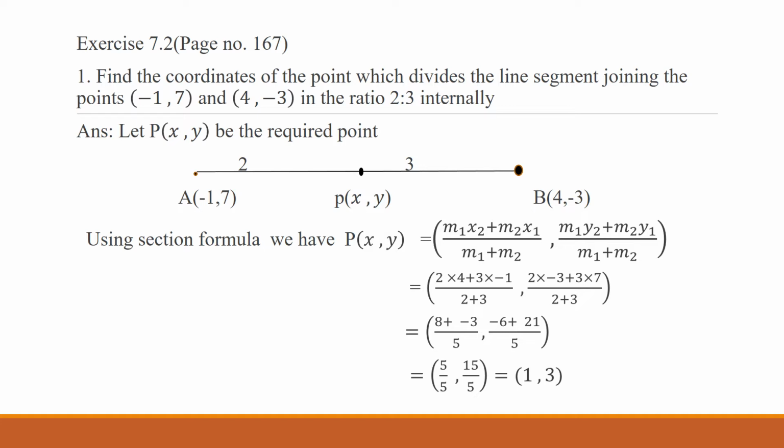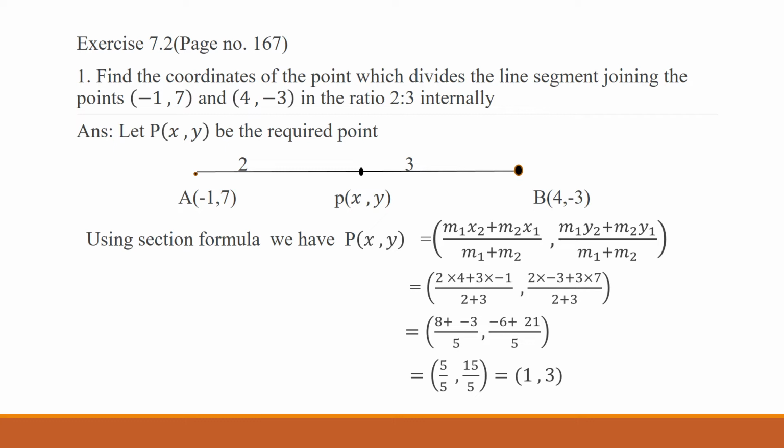So we can say it will be 2 into 4 plus 3 into -1 by 2 plus 3 for the x coordinate and 2 into -3 plus 3 into 7 by 2 plus 3 for the y coordinate, which gives 8 plus -3 by 5 and -6 plus 21 by 5, which is equal to 5 by 5 and 15 by 5 equal to (1, 3).